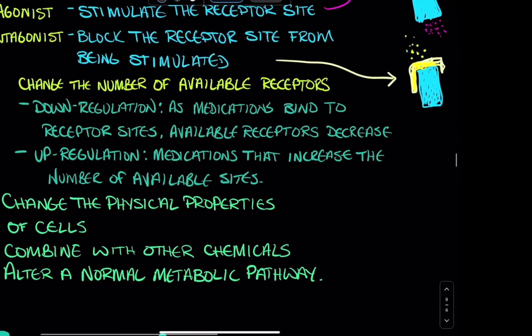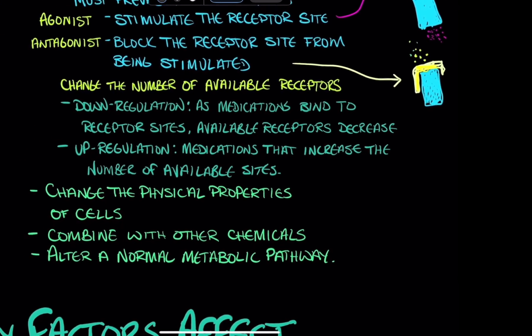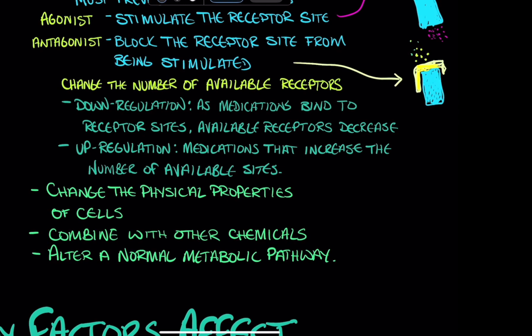These modulations of the receptors will actually change the amount of available receptors for use as we supply medication. So we have what's called downregulation. Basically, as medications bind to receptors, the actual amount of available receptors is decreased.